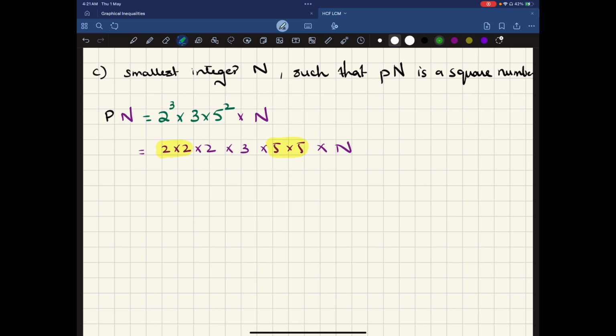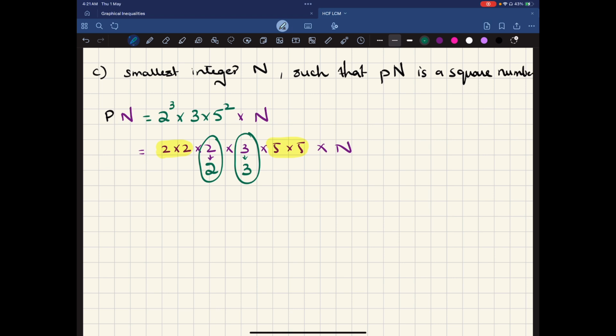Now to make sure that P into n is a square number, we need a partner for this 2, right? And then we need a pair factor for 3, and that's it. If we have these two numbers, then Pn is going to be a perfect square.